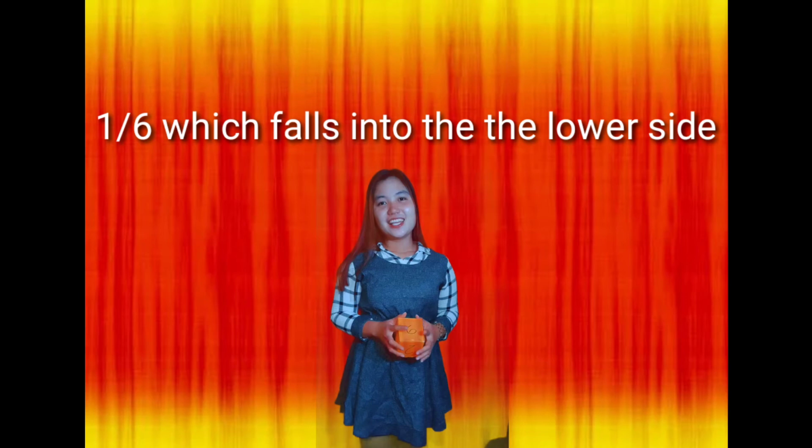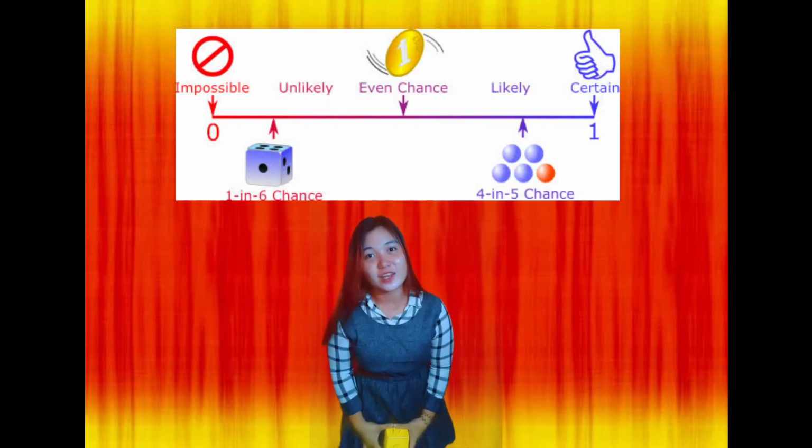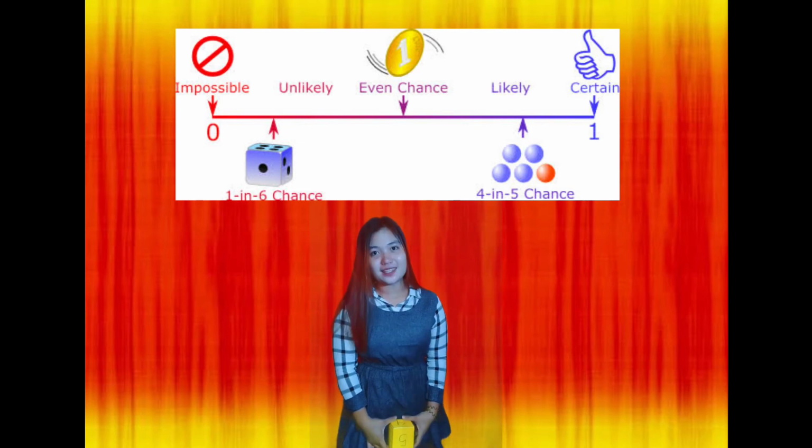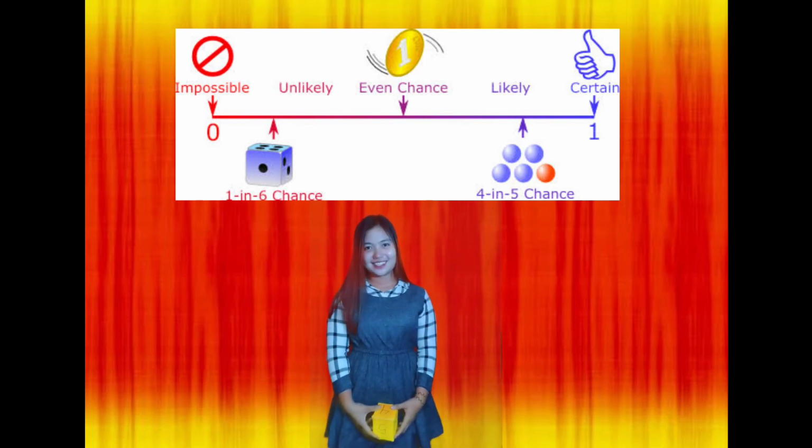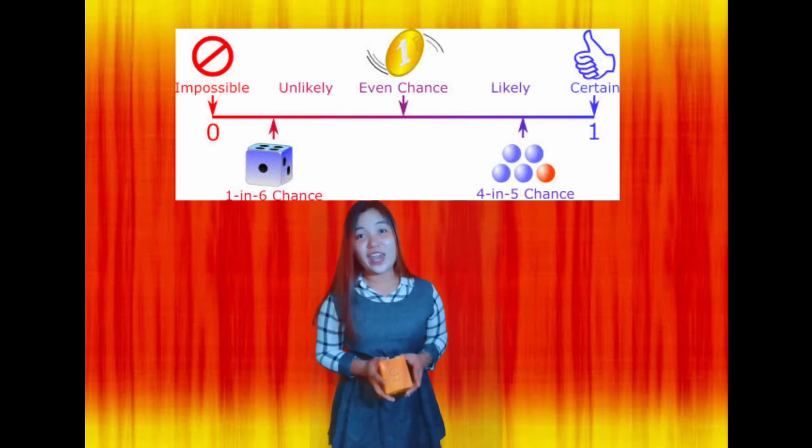So the probability of getting a 6 is 1/6, which means that it falls on the lower side. So let us use the probability line to know where it falls. 1/6 is less than 1/2, so it means that it is unlikely to happen, or there is little chance to get a 6 on a cube.